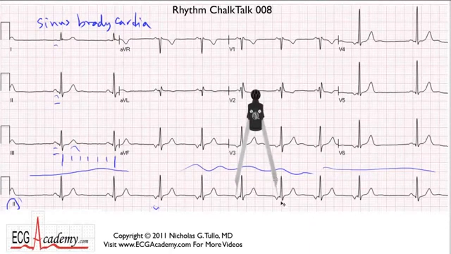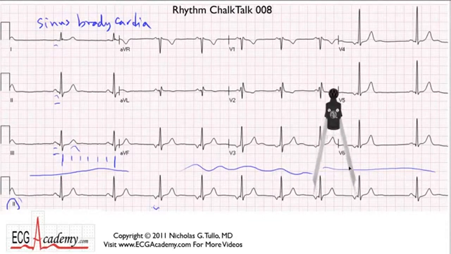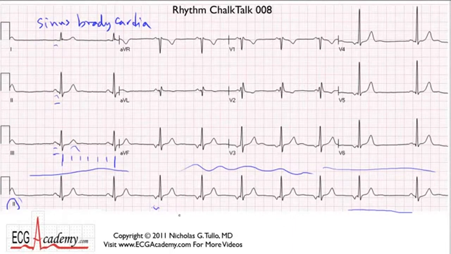So the rhythm kind of warms up. It goes from 66 to maybe 72 beats per minute. And then after this last beat here, it stops, and then the normal P wave comes in after a bit of a pause. Okay, so let's get rid of our calipers and start talking about the P wave.